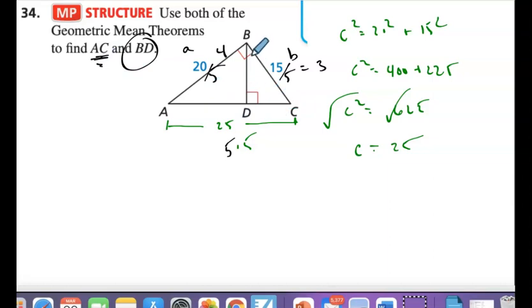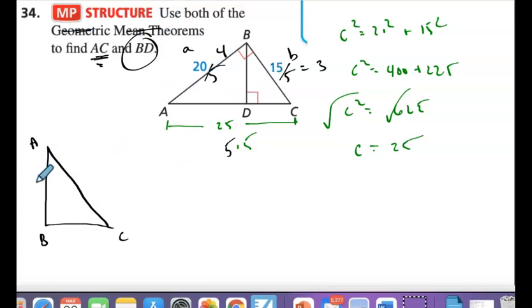BD you would have to do a little more. Again you could do a couple ways, but the theorem was BD squared is equal to AD times DC. I don't have them individually here, so I'm just going to make a big triangle and set up a proportion again. I'm not going to tell you to use the geometric means here; do it how you see it.